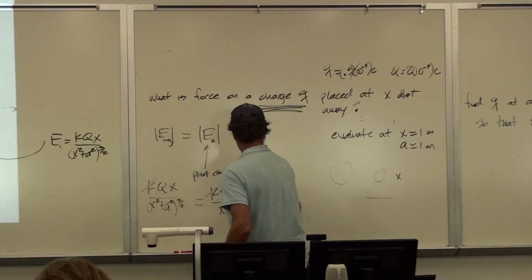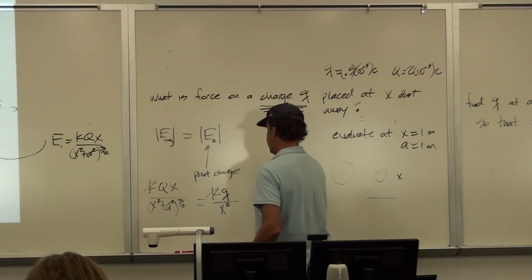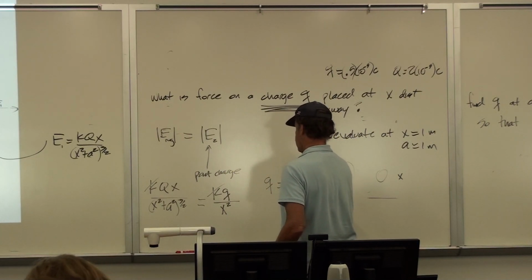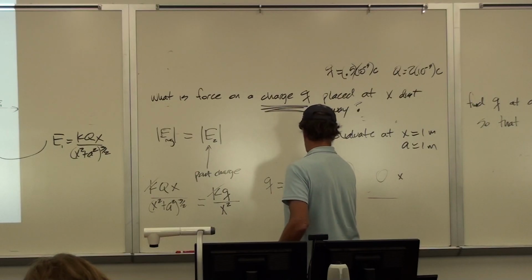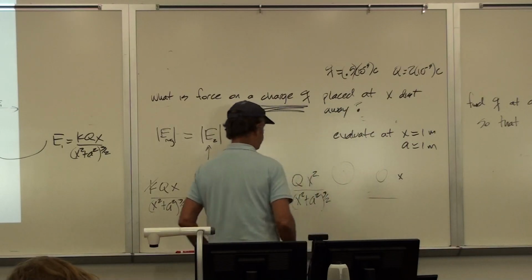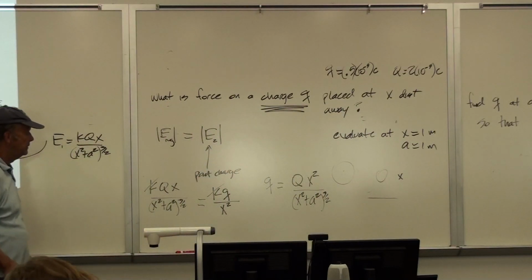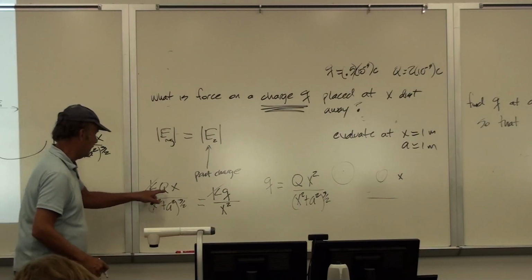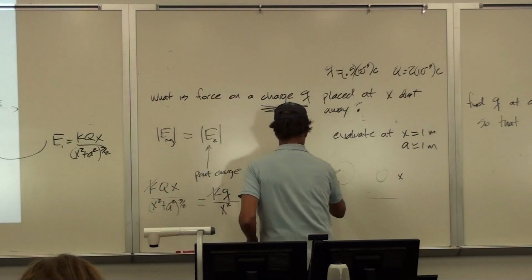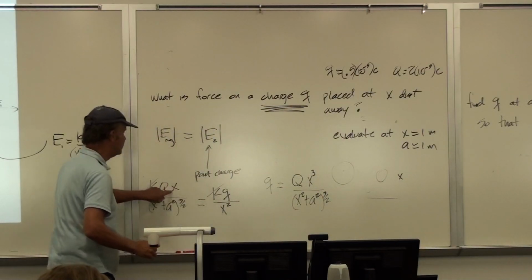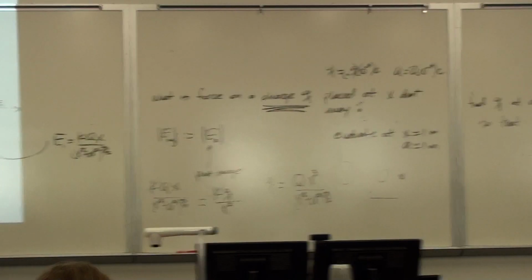And so I can solve for little q in terms of big Q. That's just going to be equal to big Q times x squared divided by x squared plus a squared to the 3/2 power. Oh, x cubed. That x is still there, there's still an x there, x squared, bring that up. That becomes x cubed.